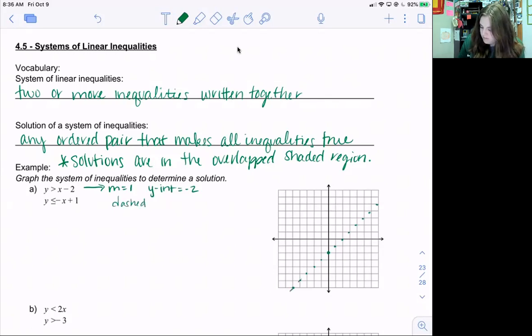I'm going to go ahead and make these dots into dashed lines. And now we need to look, are we shading above or below? Since it's greater than, we're going to be above the line.